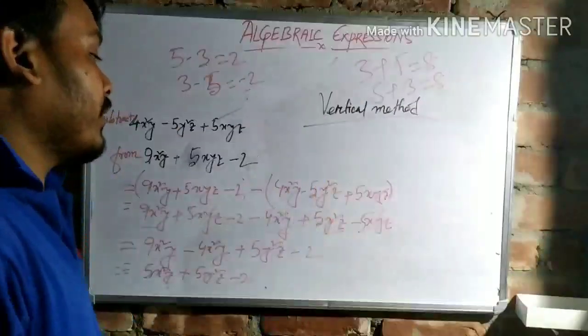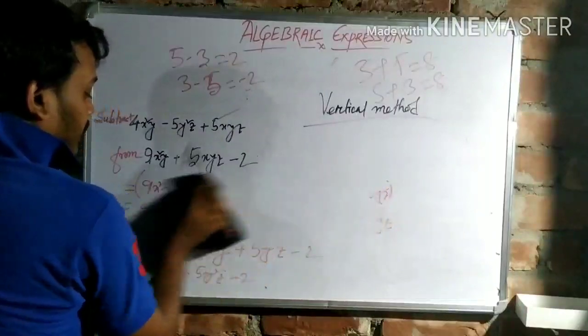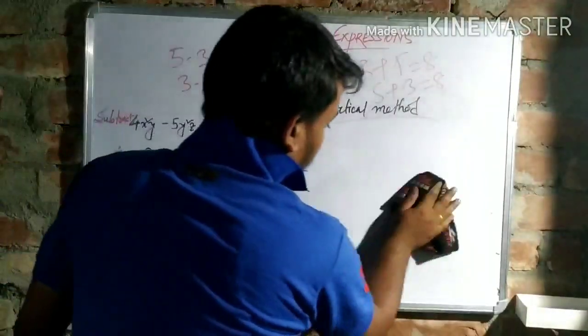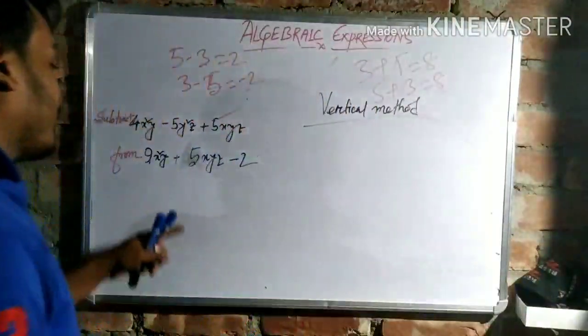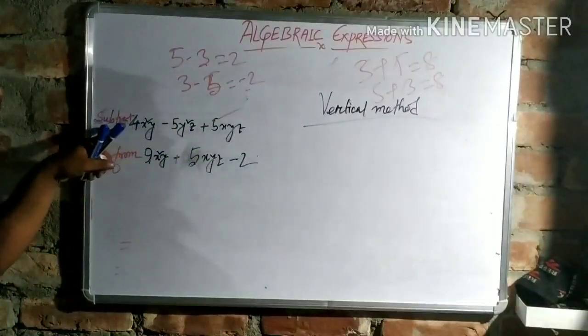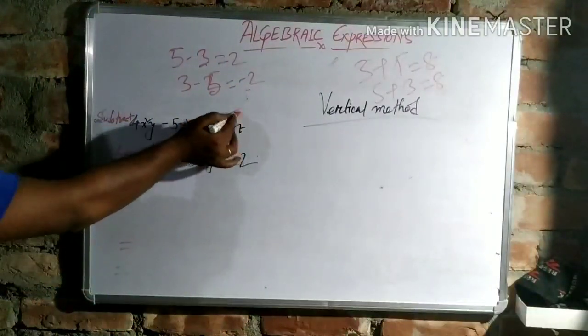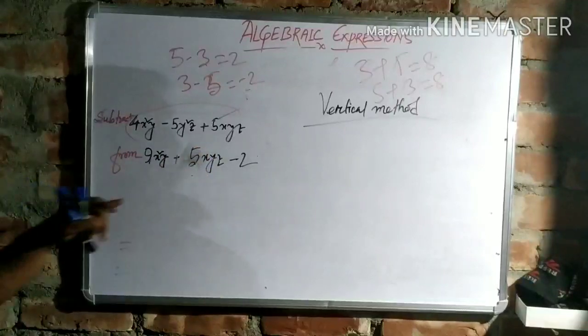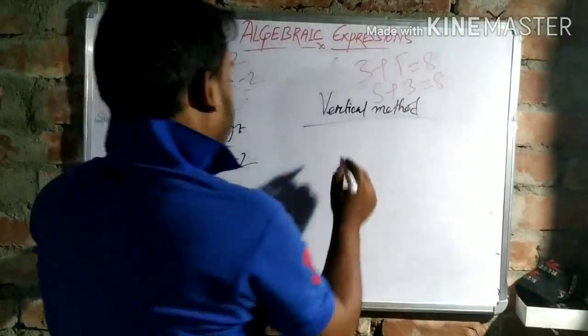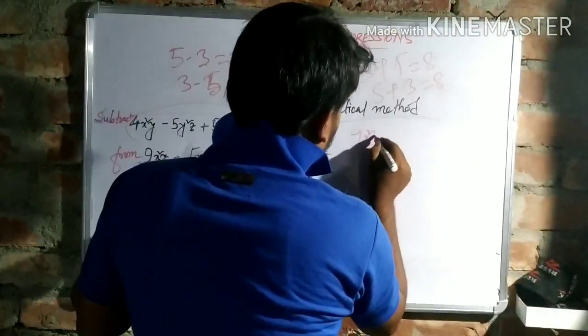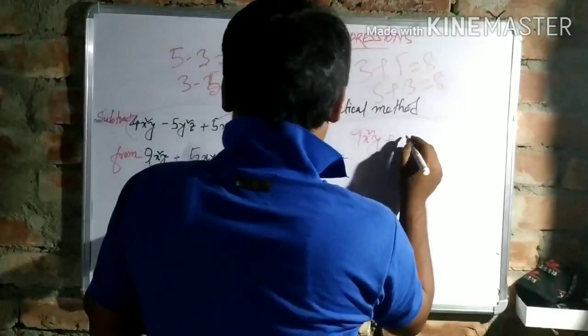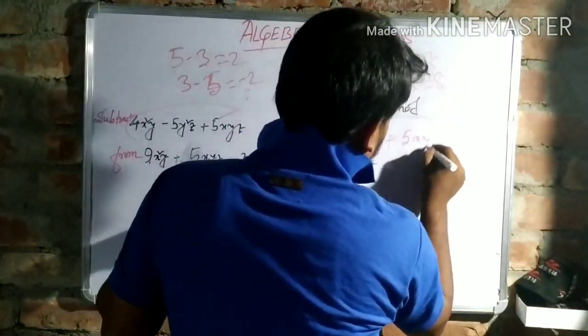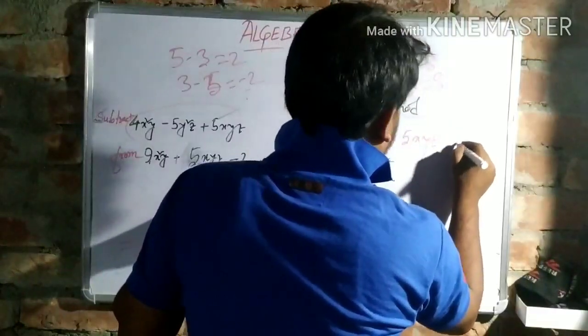If we solve by the horizontal method, first we write this value, because we subtract this value from this value. So this value is first: 9x square y plus 5xyz minus 2.